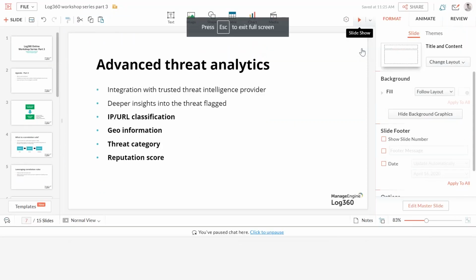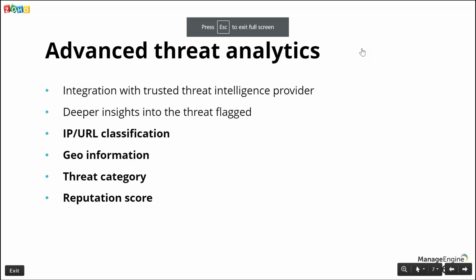So we brought out, after this, just last year, something called Advanced Threat Analytics, which is available as an add-on. And of course, I touched upon this while promoting our free license for this. We realized that customers were saying, okay, you're helping me detect a known malicious communication, but how do I now get more details and insights into what exactly that malicious communication was?